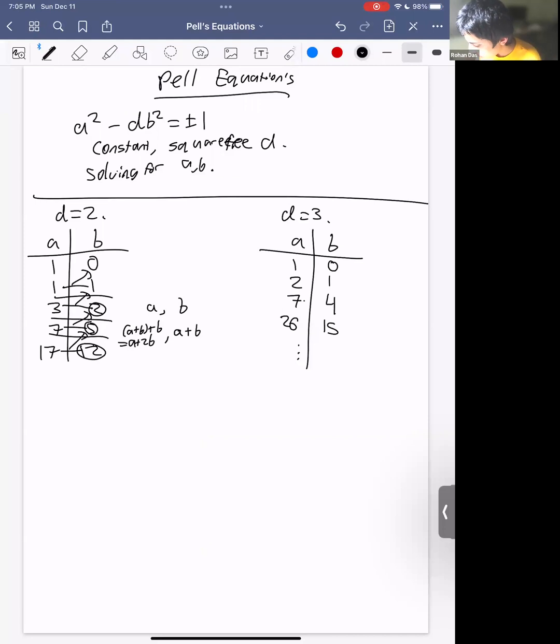And here the pattern is a bit different, but this is because we don't start with this 1, 1. Here we can see that 7 is equal to 2 times 2 plus 3 times 1 times 1, and 4 is equal to 2 times 1 plus 2 times 1.